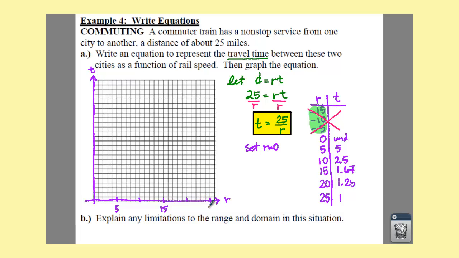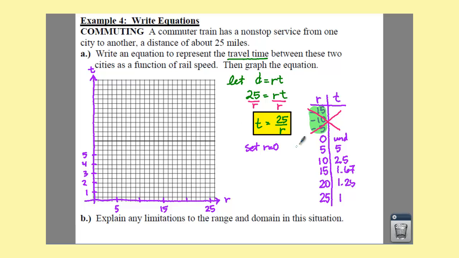And then we go 1, 2, 3, 4, 5, there's 25. So those are your r values. And then as we go up, you can go by smaller numbers because your t values are a lot smaller. I can still go by 1s or maybe halves. So here's a 1, 1/2, 2, 2.5, 3, 3.5, 4, 4.5, 5.